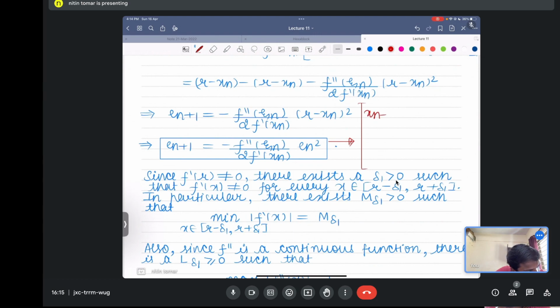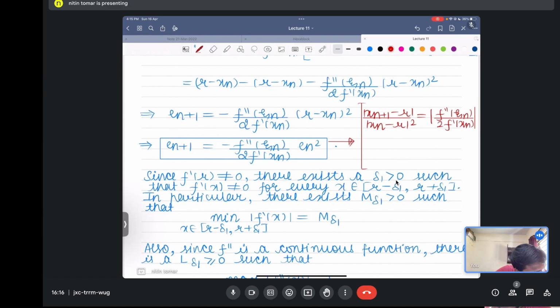That mod of xn plus 1 minus r by xn minus r mod square is actually mod of f double prime xi n by 2 f prime xn.